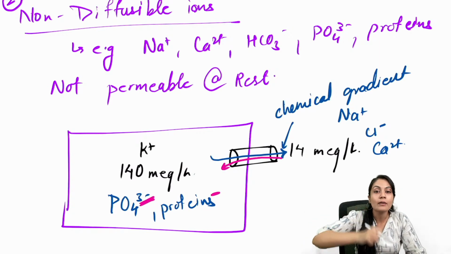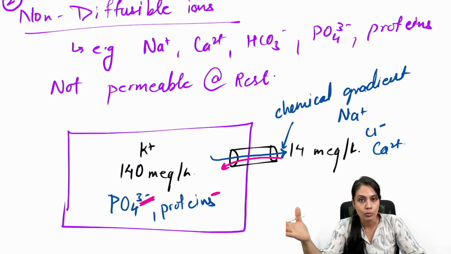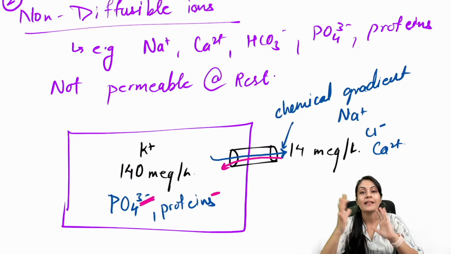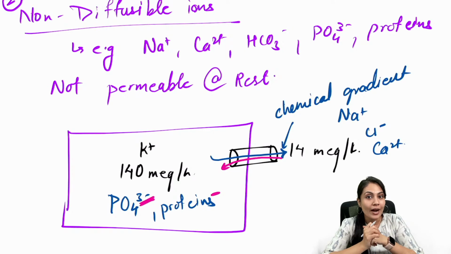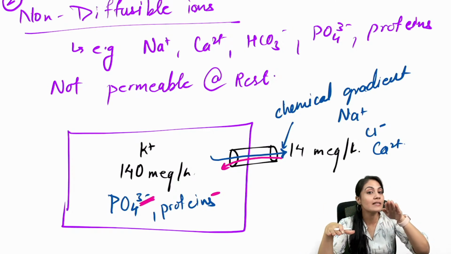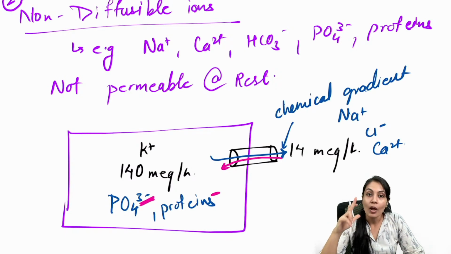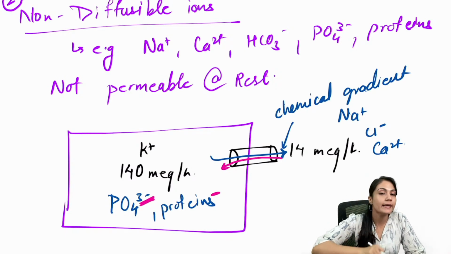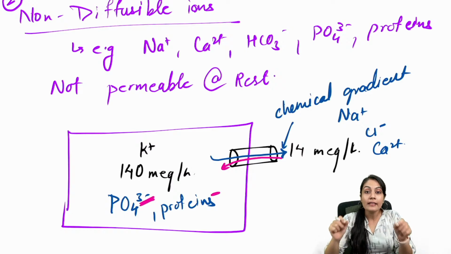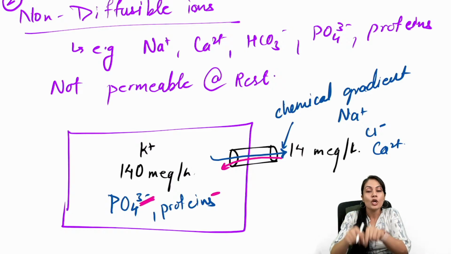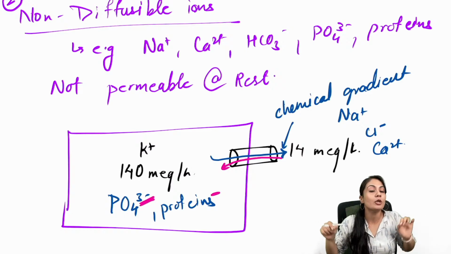They will not let much of the potassium go out, right? So that the electrical balance is maintained. Now understand that the potassium outside and inside is still not equal, but whenever this concentration gradient and electrical gradient become equal and opposite, the potassium won't be able to move.